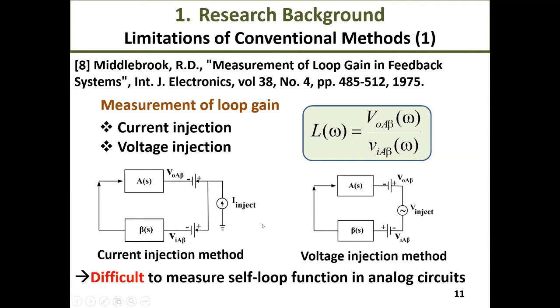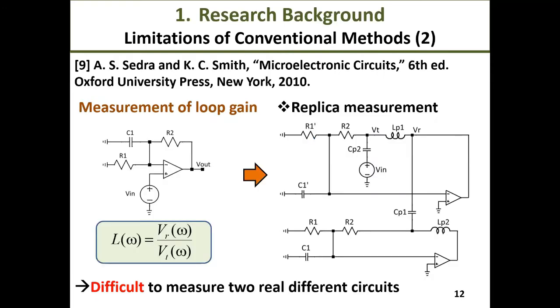This method is not acceptable. And in the conventional replica measurement, we have to use two identical circuits to derive the loop gain function of a network. So this method is not accepted in practical measurement.